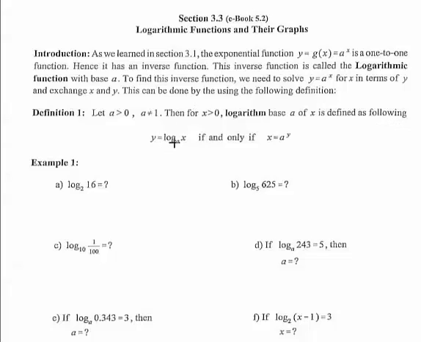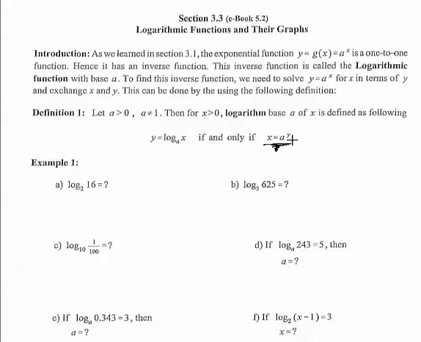So here is an exponential function. This is the form of equation that we saw in the previous section. If x is calculated by taking an a and raising it to a power of y, then we can write the inverse function, or the logarithmic form of this equation, by simply recognizing a as the base of the exponent.